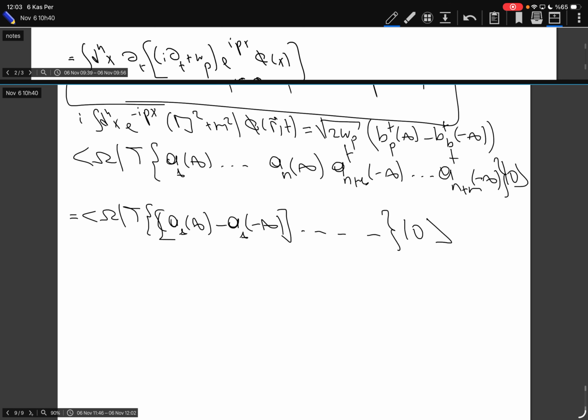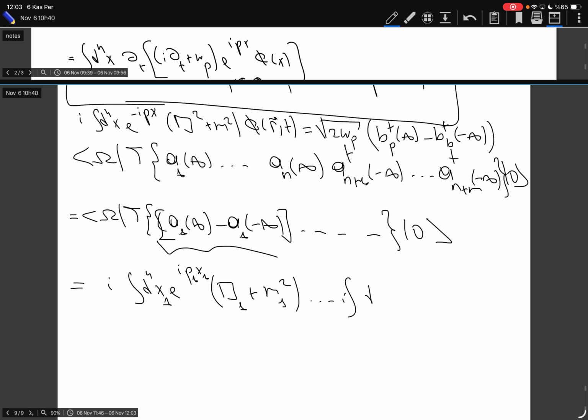So that basically almost completes my proof, because you see now what I will do. For these terms, I will have i d4 x1 e to the power i p1 x1, Klein-Gordon operator delta 1 plus m1 squared, up to i d4 xn e to the power i pn xn, delta n plus mn squared.